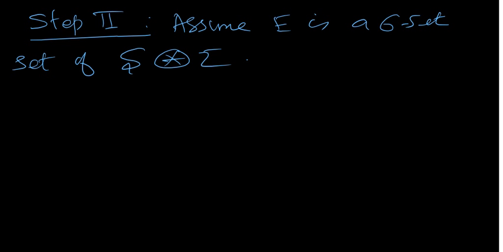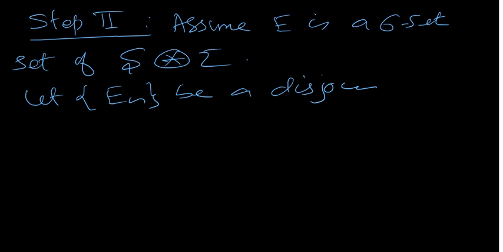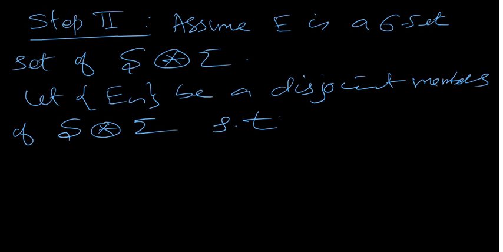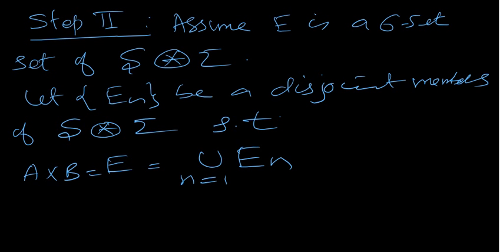Then this is actually the disjoint union of members of S tensor sigma. So let En be disjoint members of S tensor sigma, such that E, which is equal to A cross B, is the union of En's, n runs from 1 to infinity.